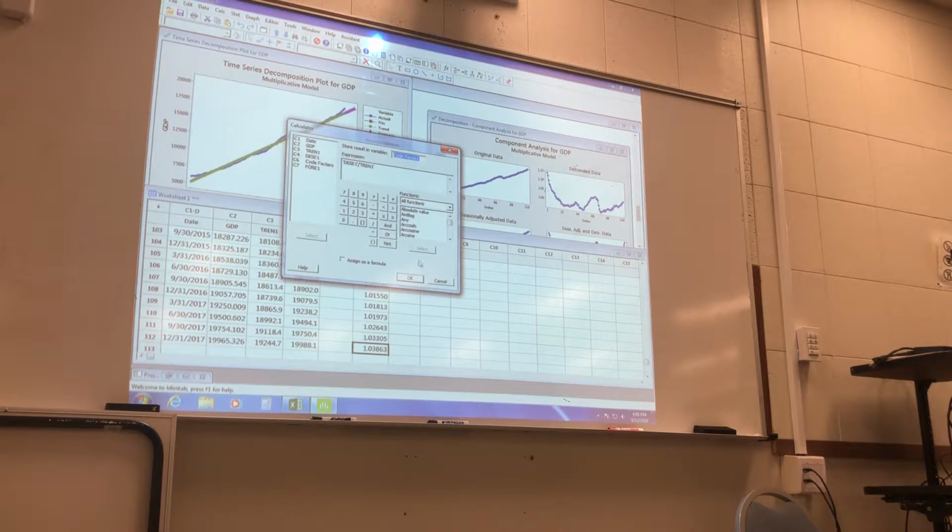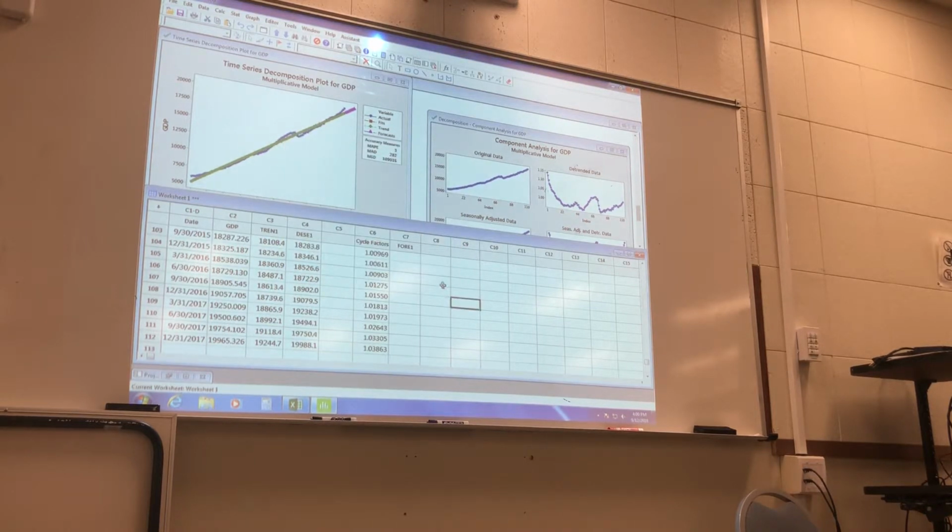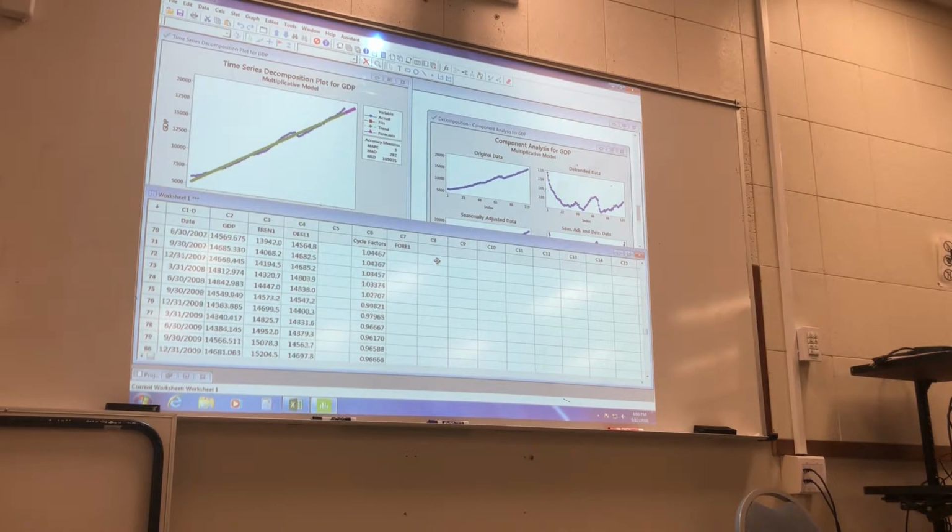First, before we do that, just label a column over here. It's called a cycle adjusted forecast, because I'm going to put the answer to the calculation there.